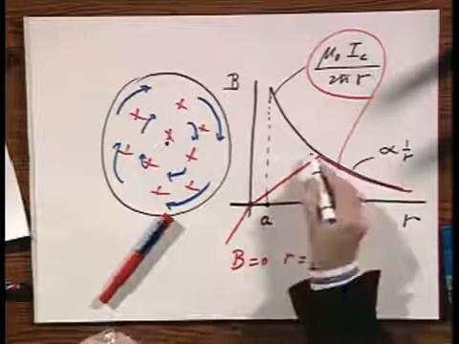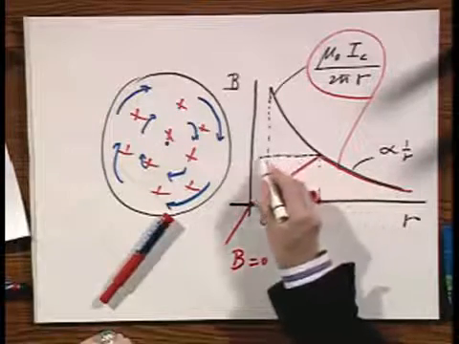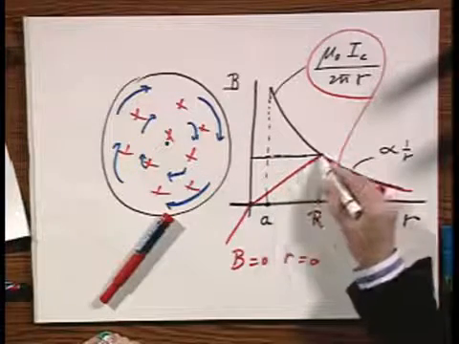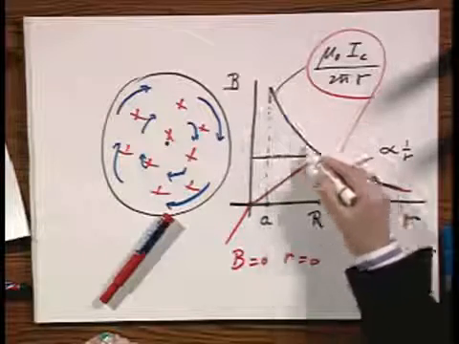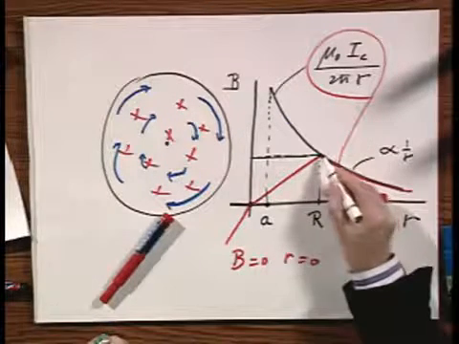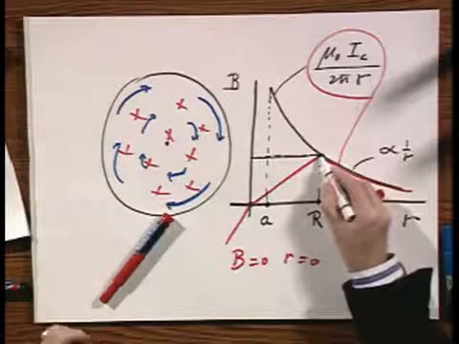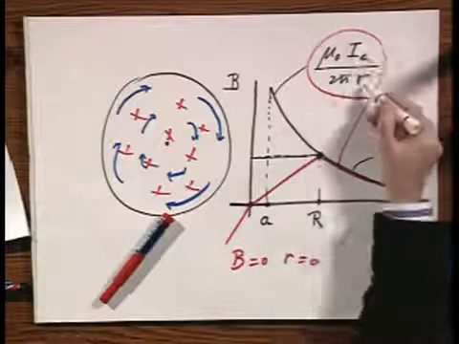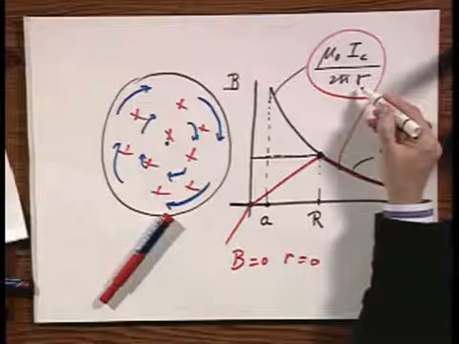And right here, if you take this curve and you take little r equals capital R, you will find exactly the same result as I just showed you. You find this result with a capital R downstairs.